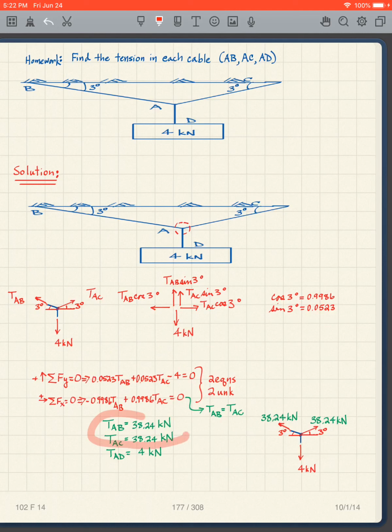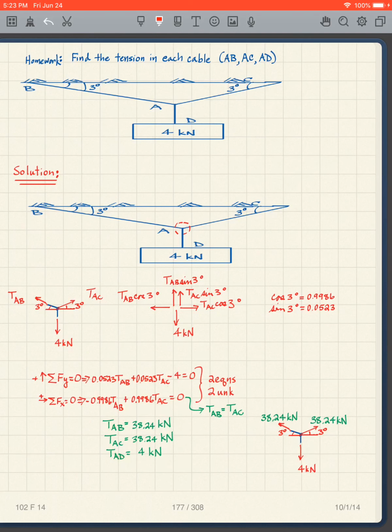Now I get 38.24 kilonewtons. So I've gone from 4.5 kilonewtons to 38 kilonewtons as the tension in these cables, as this gets flatter and flatter. In other words, as this becomes more and more horizontal, the number goes up.